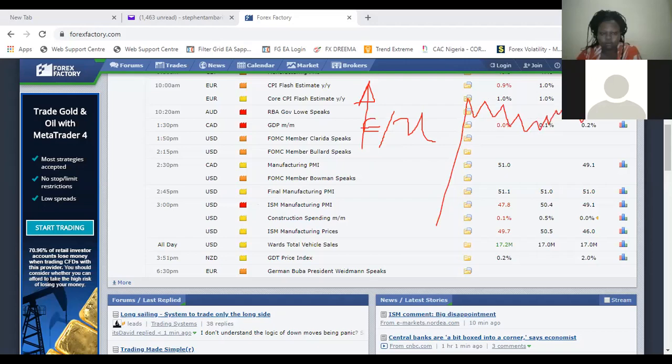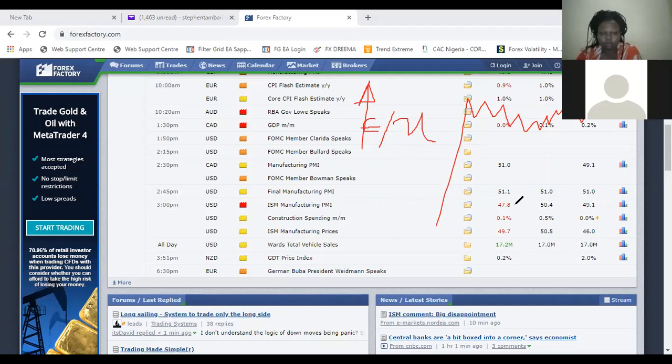If you don't know how to trade the news, I have a strategy called the news strategy. It's in our training slide, and you will learn how to trade the news. So don't worry about trading the news. That's for those who want to trade forex.